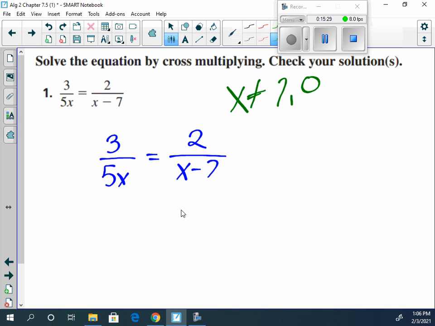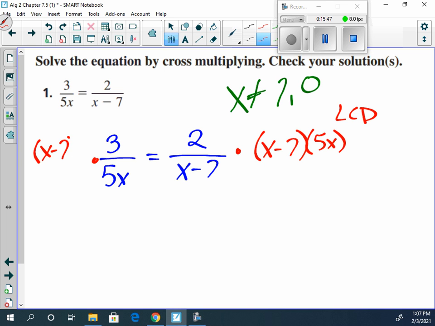Now the least common denominator, what we're going to call the LCD, is what we multiply both sides by. Now what are we going to be multiplying both sides by here? Okay? Yes. And again, we multiply both sides by this so that the denominators will simplify out, so they will cancel out.